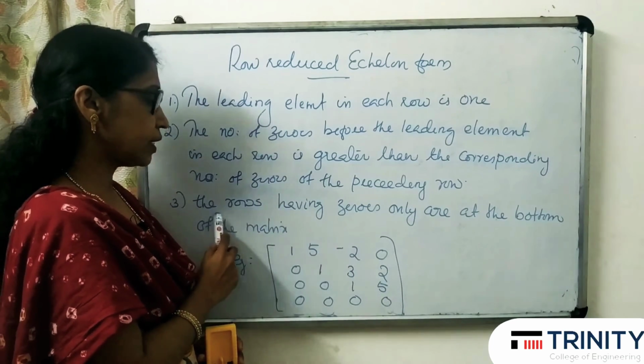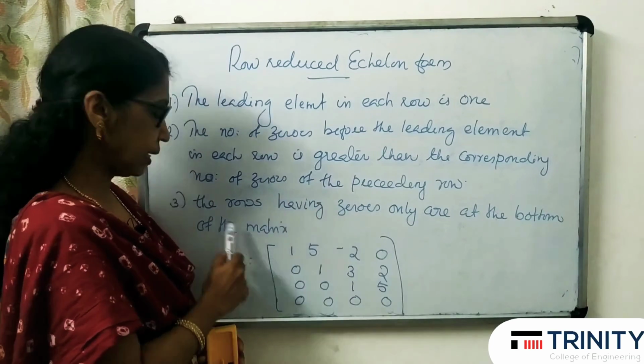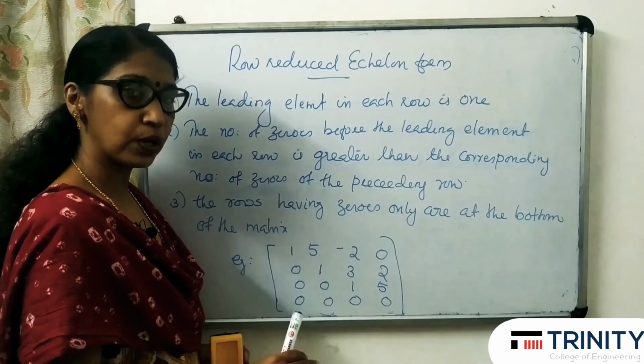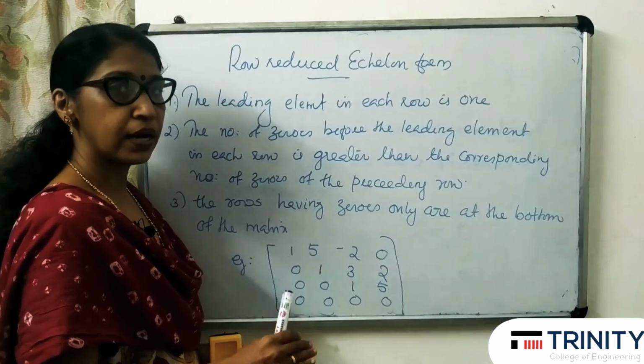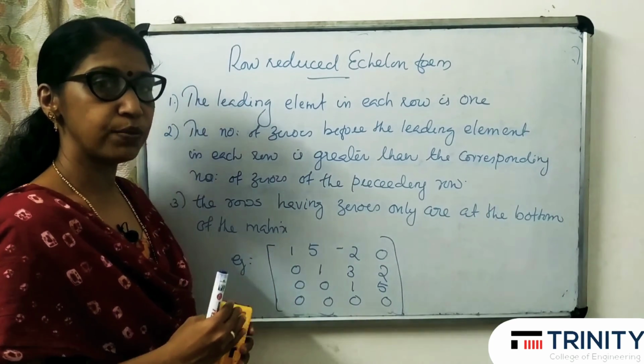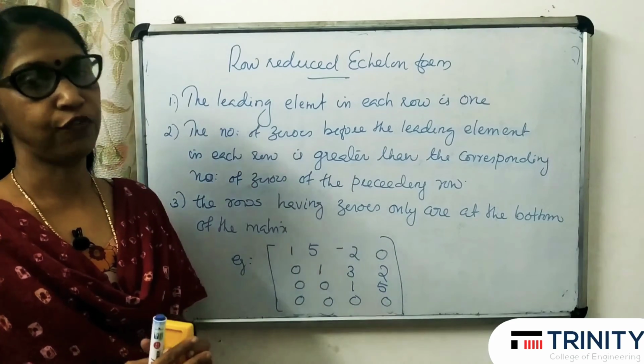So, when coming downwards, the number of zeros increases. And the third point is that the rows having only zeros, that is zero rows, are at the bottom of the matrix. Then that matrix is said to be in row reduced echelon form.